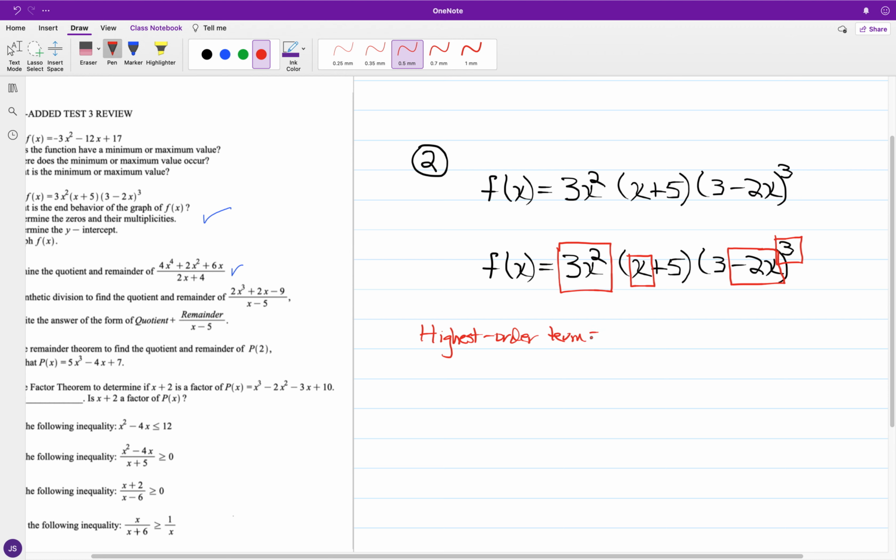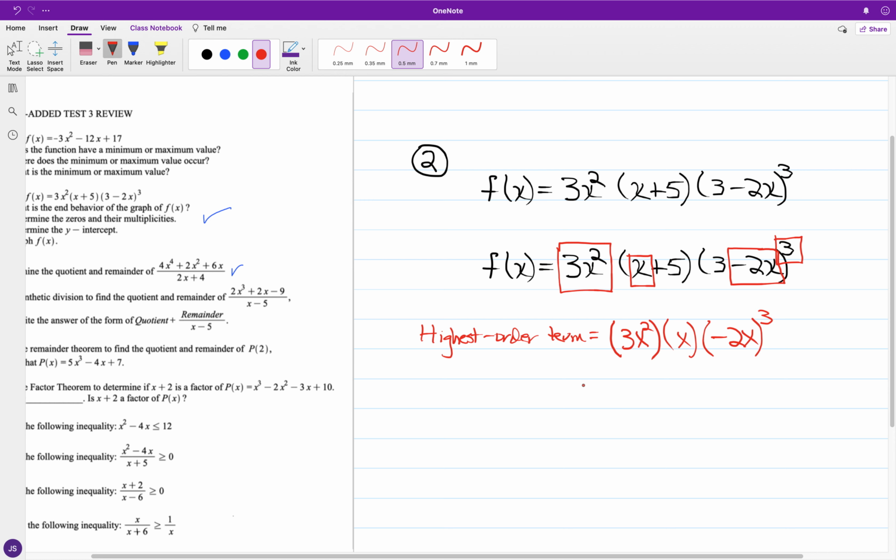So for the highest order term, from the first factor, just standalone, you have 3x squared. And then from x plus 5, the higher order term is x. Then for the last factor, I have negative 2x. And since that factor is cubed, we have to do the same thing to negative 2x.